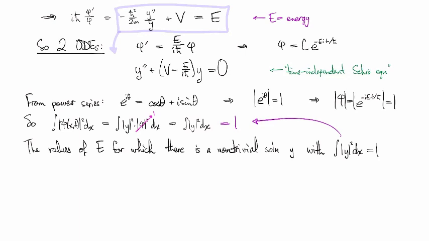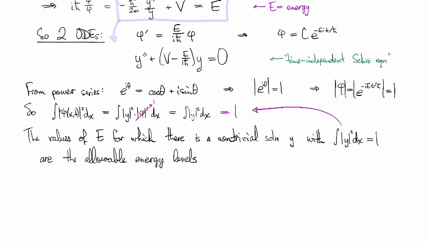Okay. So these values are the allowable energy levels. So if E is not one of these particular values, if your energy level is not one of these, then you won't get a non-trivial solution.